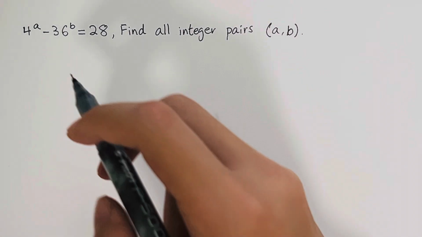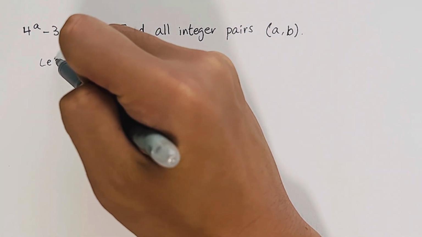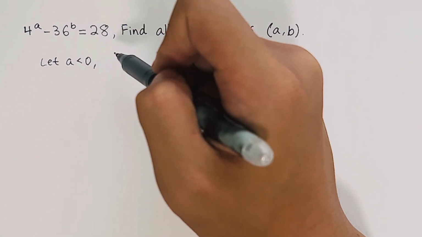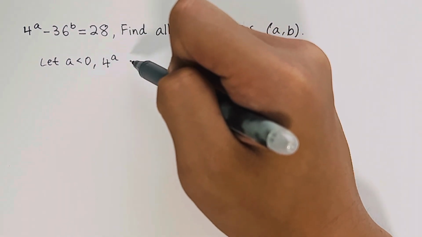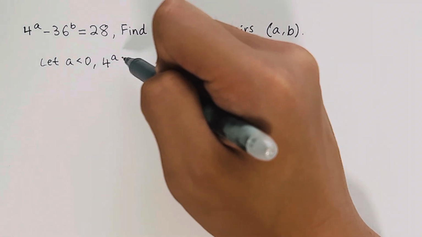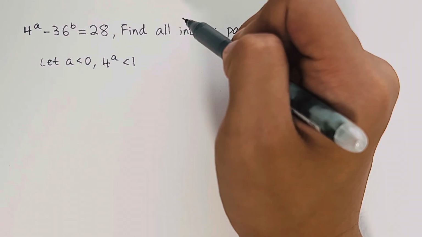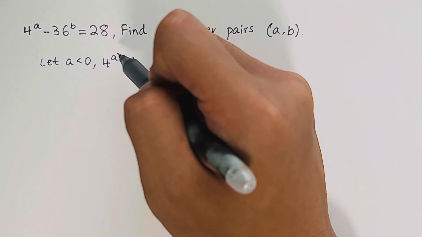Then, if a is less than 0, we know that 4^a is a positive rational number strictly less than 1, because this will be the reciprocal of a number that is greater than 1.